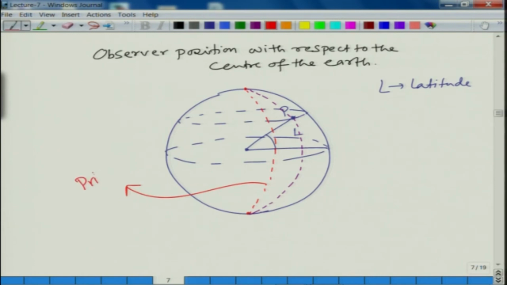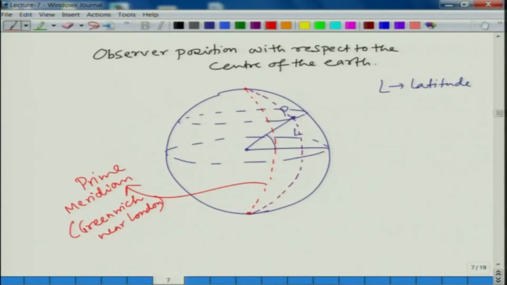So, we fix one line to be the prime meridian, against which all other points are measured, whether east or west of that particular line. This is the one that runs through Greenwich near London. You have heard of GMT or Greenwich Mean Time. This is the line that tells you the local time of that particular location.